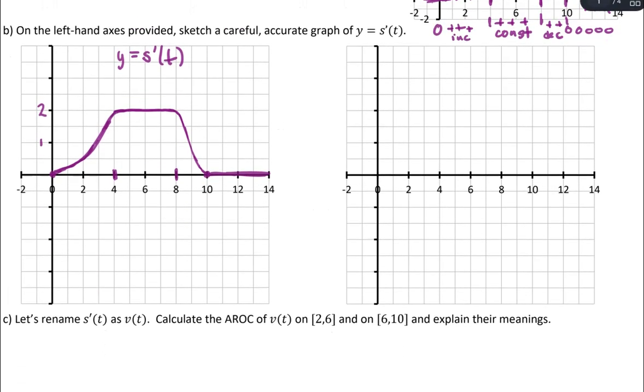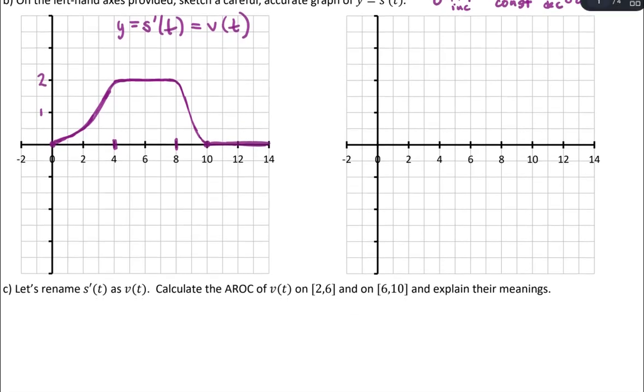Okay. Next, we're going to acknowledge that that s prime of t is really our velocity function, our v of t. So we're renaming that v of t, and I would like to calculate an average rate of change of v and talk about what exactly that means. So let's look at 2 to 6 and 6 to 10. So from 2 to 6, it looks like, and again, this is really rough.